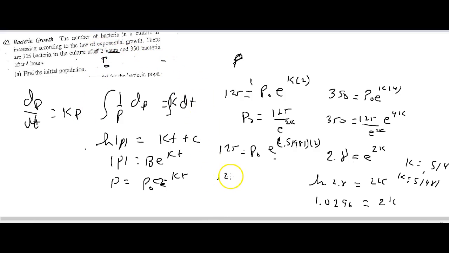So I get 125 equals P naught times 2.8. So I divide 125 by 2.8. My initial population is 44.643.